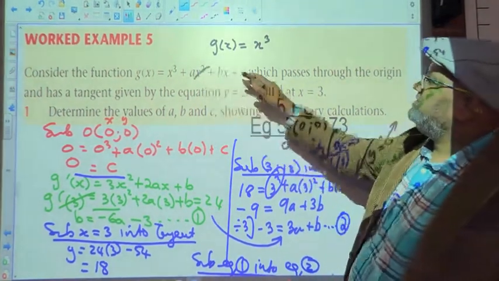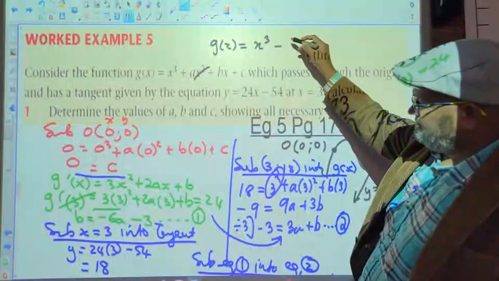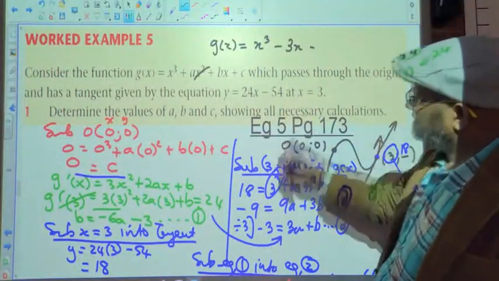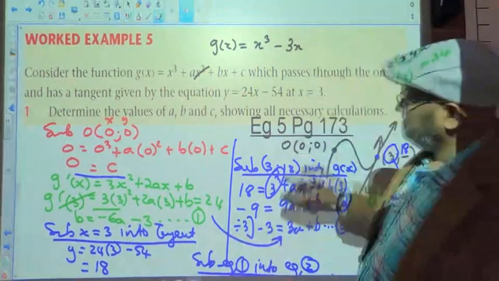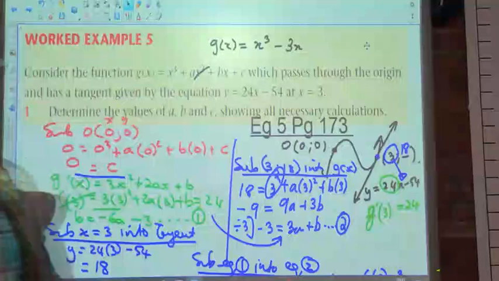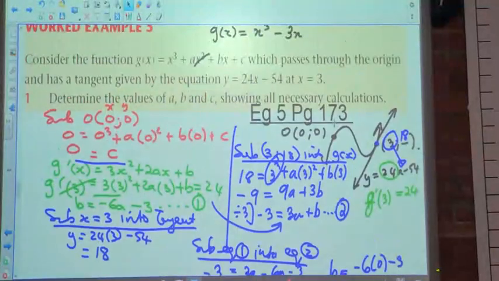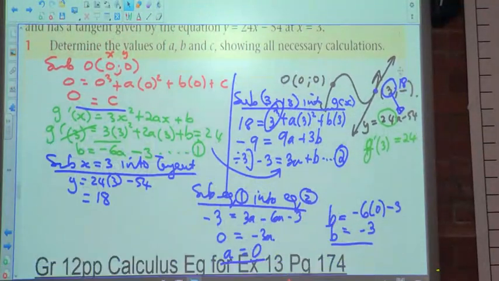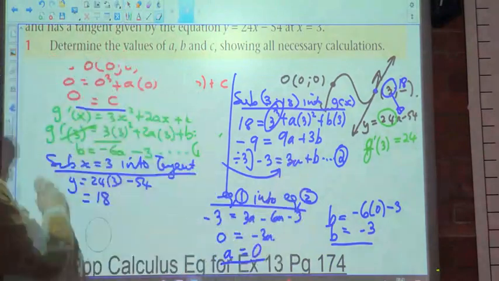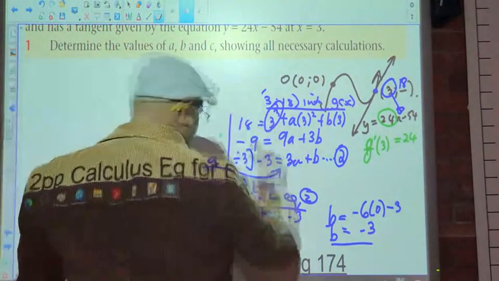A was 0, no? So it's going to be minus 3x plus 0. So your equation is x cubed minus 3x. Okay, you all okay with that? So I'm going to take off what we've calculated thus far, so we can have space.